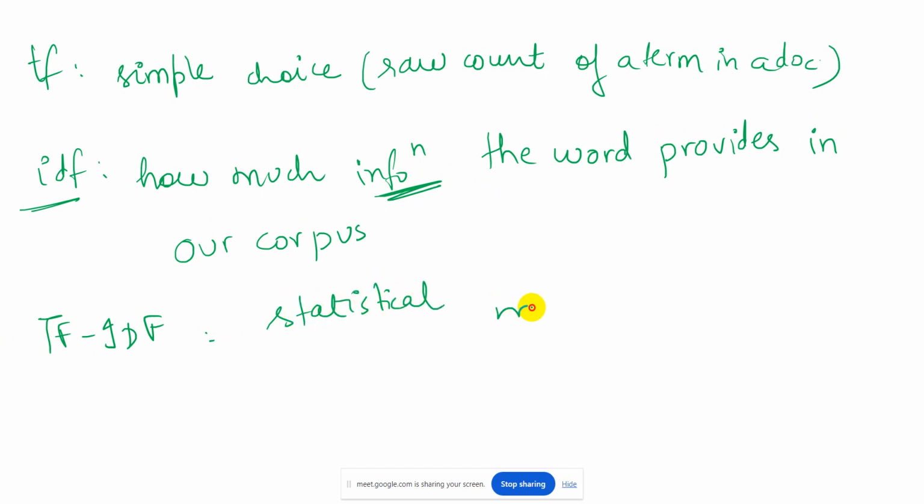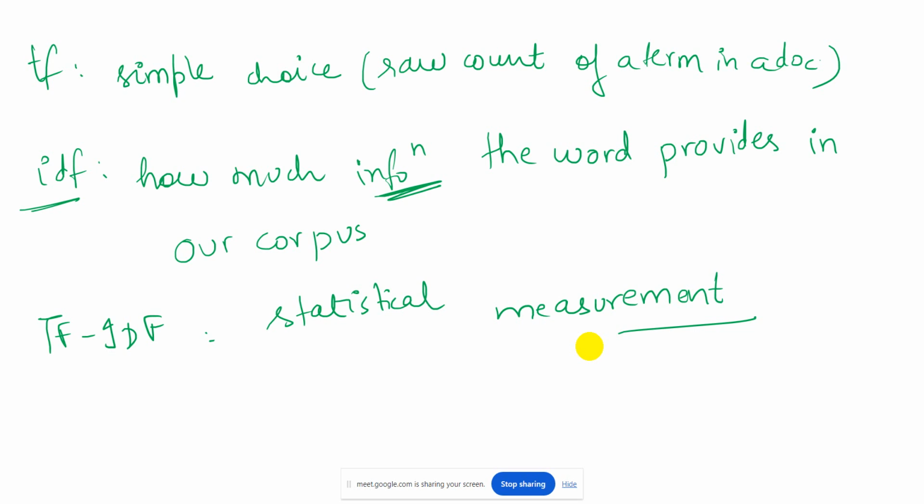Why statistical? Because it is not taking the order of the words into account, right? The word fox, it is just taking how many times the word fox appears, either in the entire document or across different documents. It is not taking the sequence into account, like whether the word fox appears before quick, after quick, before the word dog or after dog.